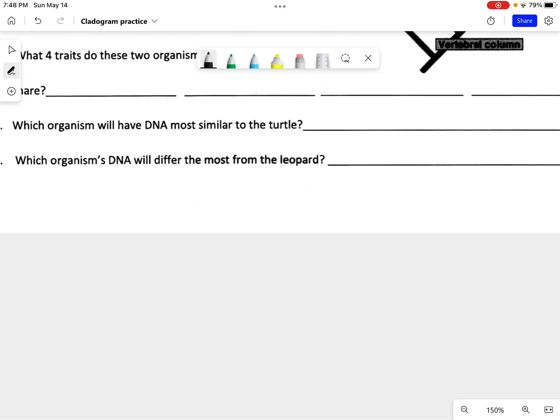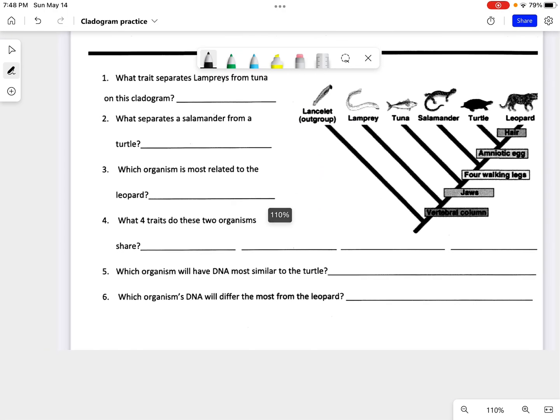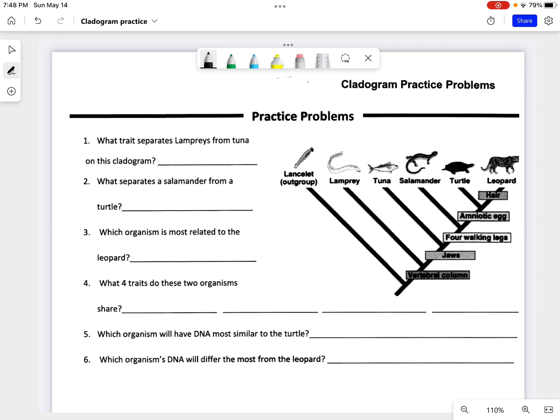Go ahead and pull out your worksheet that looks like this, your cladogram practice problems. And we're going to practice looking at a cladogram and analyzing it. Okay, so number one asks you what trait separates lampreys from tuna on this cladogram. Our first step is finding those two species. Look at your cladogram along the top where your species are, and you're going to find lamprey and tuna fish.